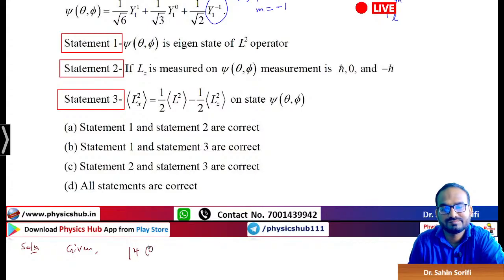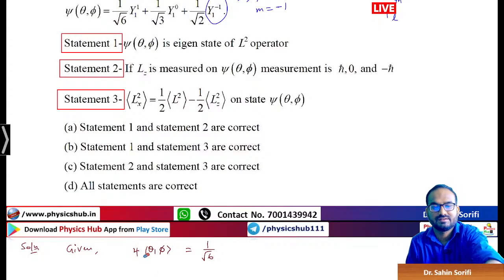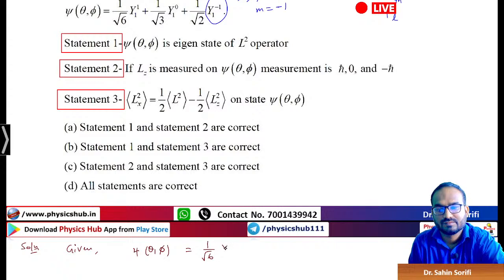Psi of theta phi is equal to 1 by root 6 Y11 plus 1 by root 3 Y10 plus 1 by root 2 Y1 minus 1. Okay, let's not use ket here.